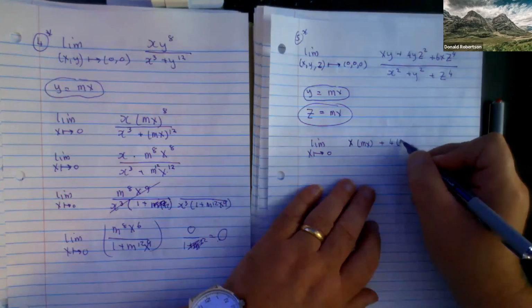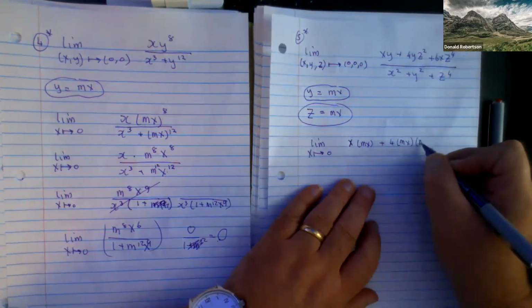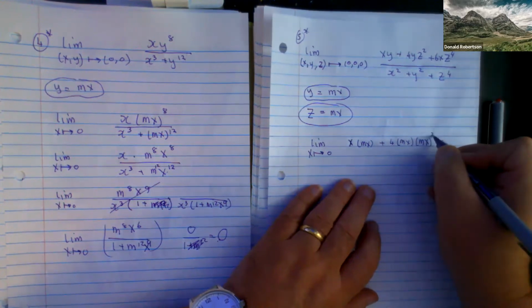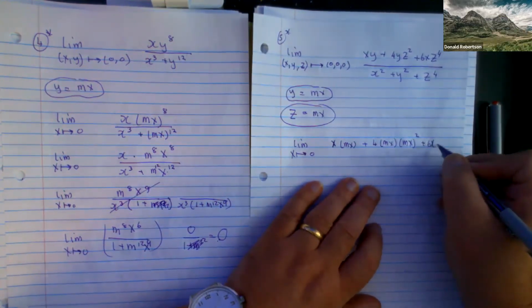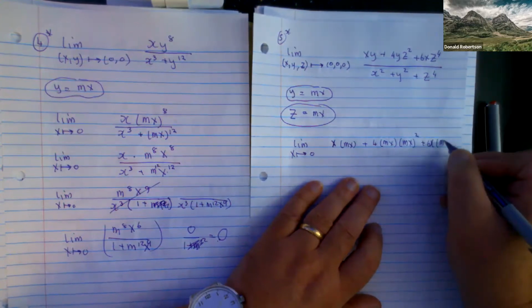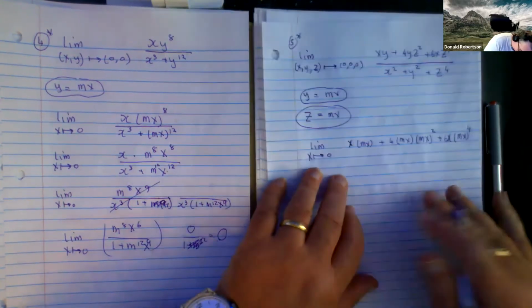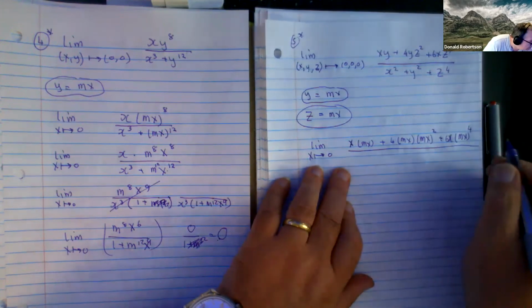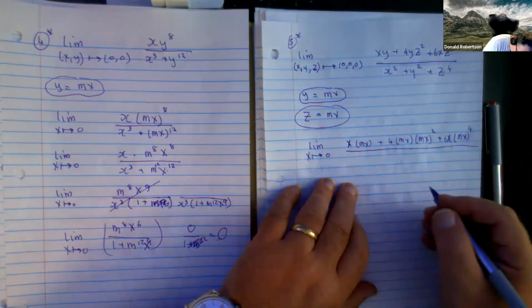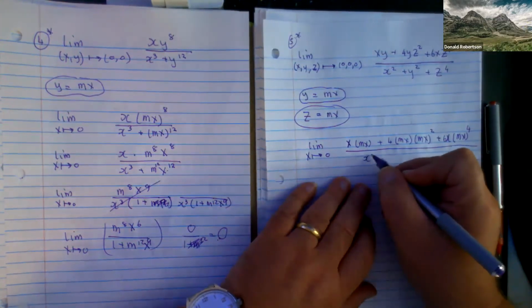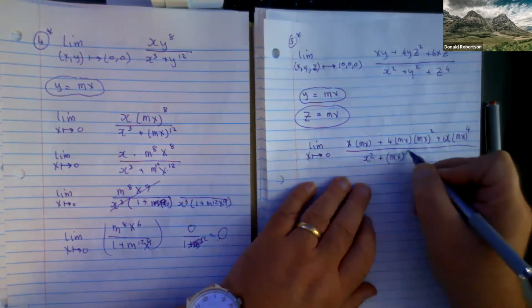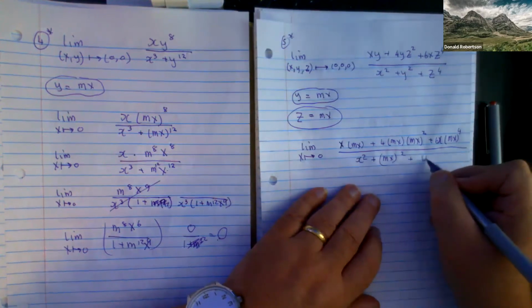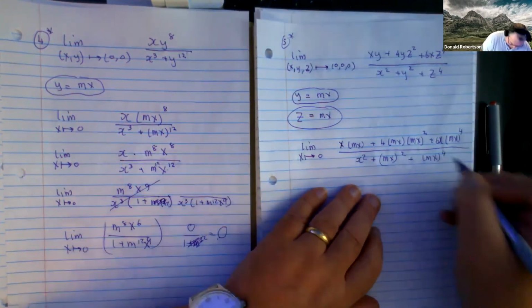Y is mx, and z squared gets me that guy, plus 6x, and z gets me mx to the power of 4. And on the bottom, I have an x squared, I have an mx squared, and I have an mx to the 4.